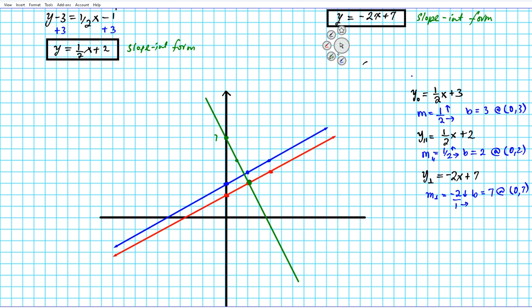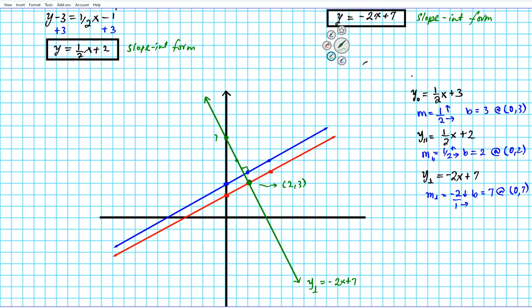Let's go ahead and write down the significance of what we have sketched here so far. This is a perpendicular line. Y perpendicular is negative 2x plus 7. As you can see, it intersects the original line at 90 degrees, and it goes through that point, 2, 3. So this is the target point right here. Everything has to go through this point 2, 3, the two lines that we drew.